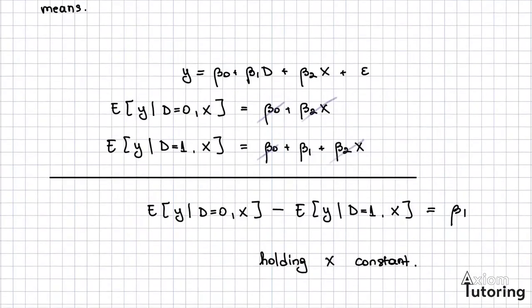Because so far, especially for the extended model, while beta 1 is the difference in the average y while holding x constant, the information that we have on beta 2 is related only to the base group, and we don't have any information about what x is doing in the other group.